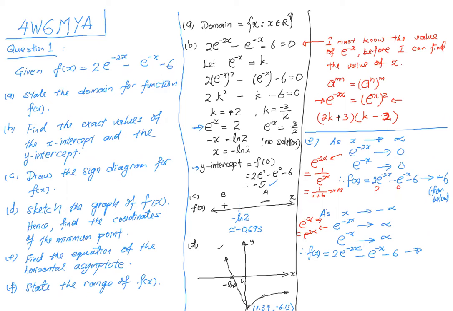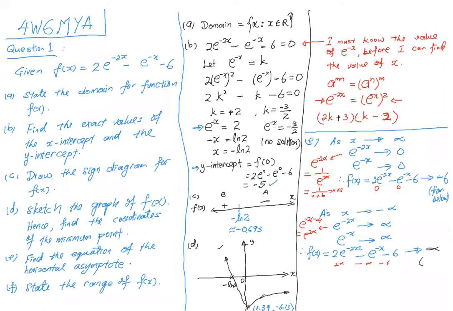This is 2 infinity, minus infinity, minus 6. So infinity minus 6. Is it still infinity? Yes. So here there is no upper boundary. So there is no vertical asymptote here, but there is an asymptote at the other side. Are you clear?